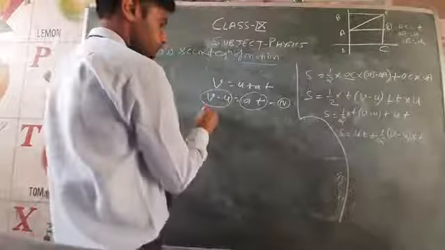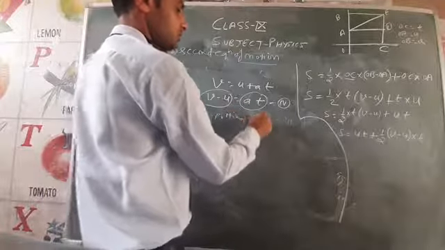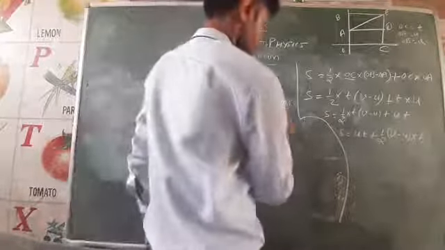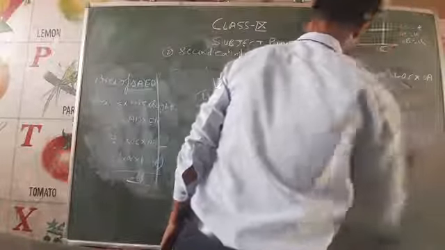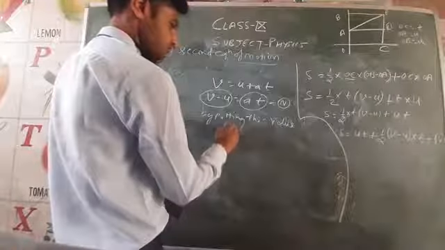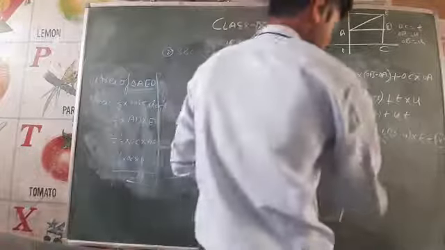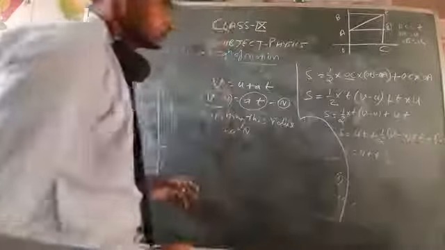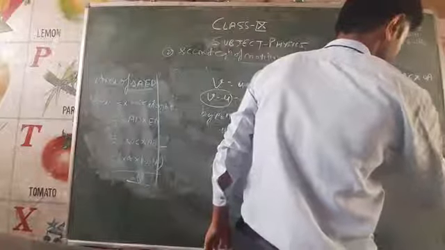So by putting this value, this is 5th and this is 4th, in equation 5th, s is equal to ut plus 1/2 at into t.